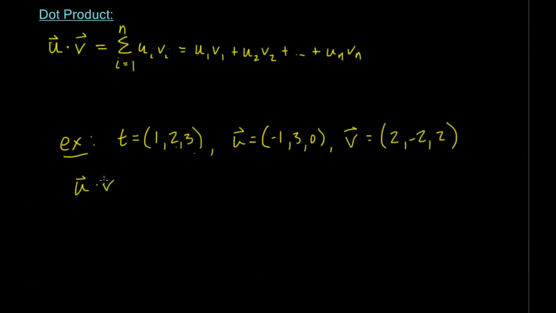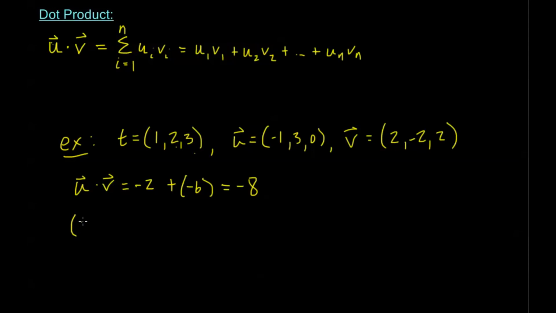From our dot product definition above, I'm just going to be looking at each of these entries component-wise and then adding the products all together. So I'm going to multiply u1 times v1, which gives me a -2, plus multiplying u2 times v2, which gives me a -6. And then u3 is 0, so u3 times v3 is 0, so I'm just going to get -8 for my dot product. So again, just a scalar, not a vector, for the result of my dot product.